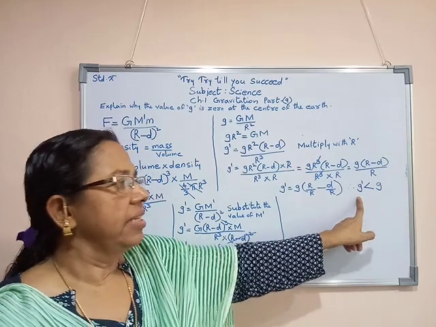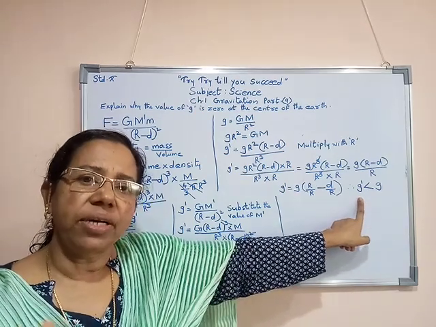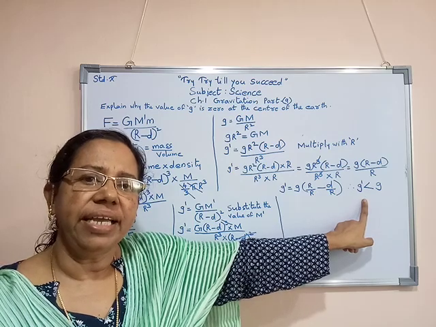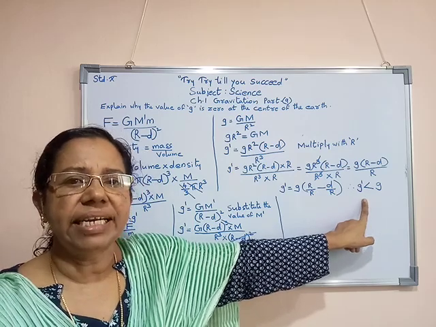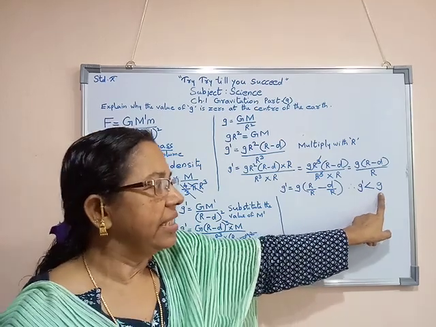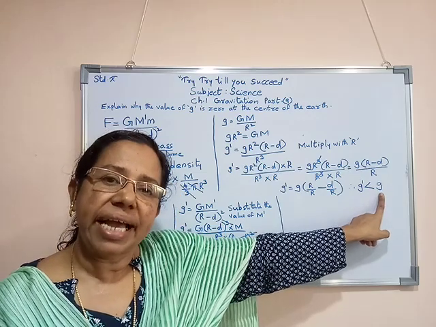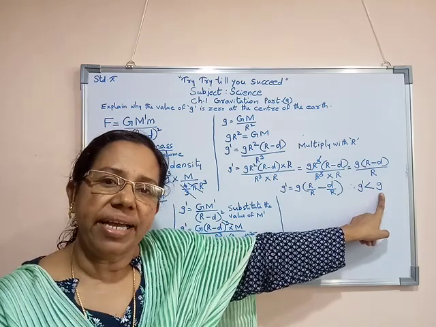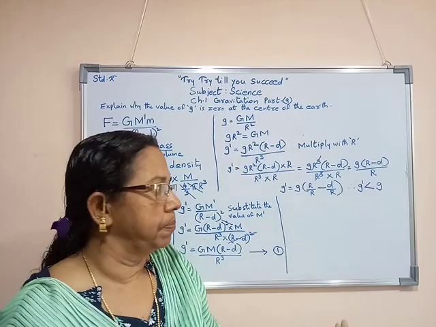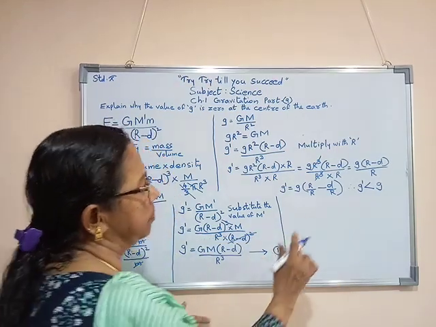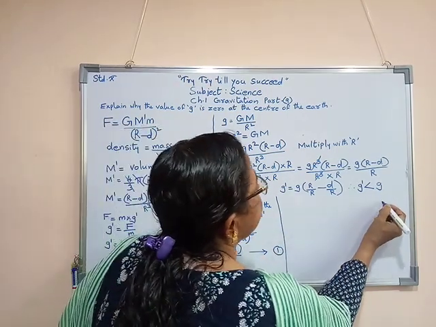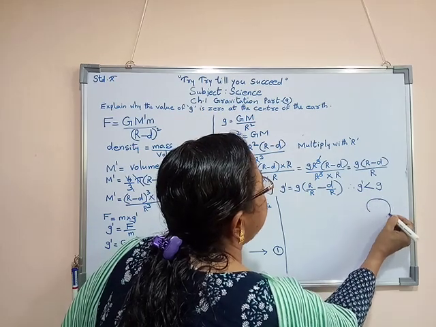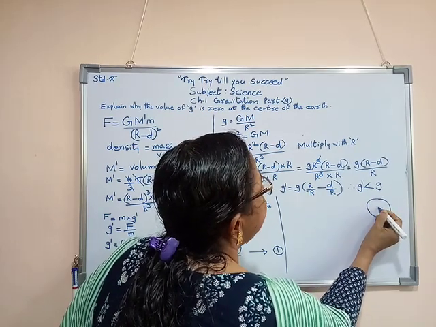G dash means gravitational force acting on the object when it is lying at a depth inside the earth. G means gravitational force acting on the body when it is lying on the surface of the earth. Now here, again I am drawing this diagram and showing, this is the center.